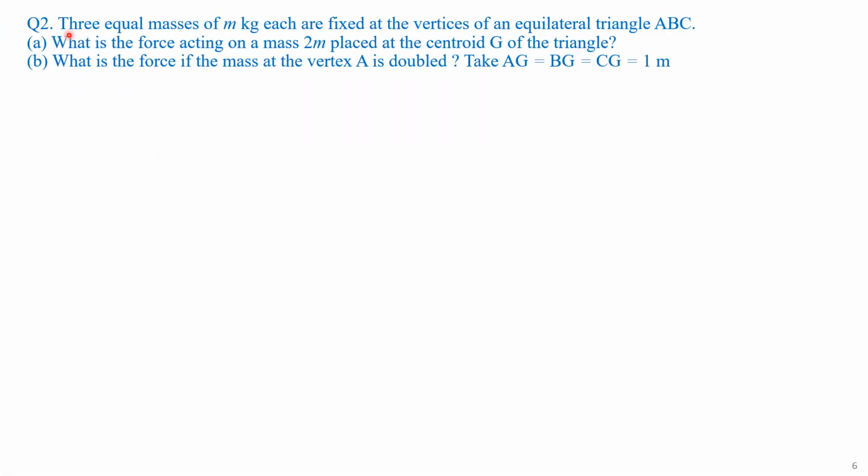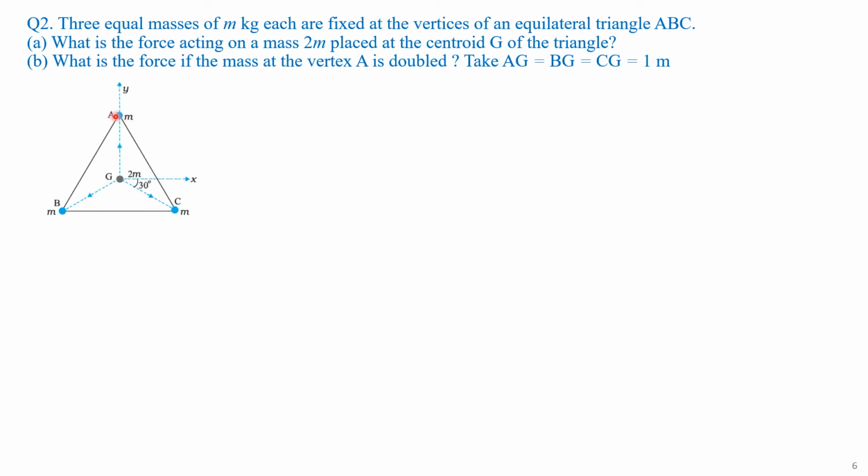Now let us solve a question on the gravitational forces. Question number 2. Three equal masses of m kg each are fixed at the vertices of an equilateral triangle ABC as shown in the figure.